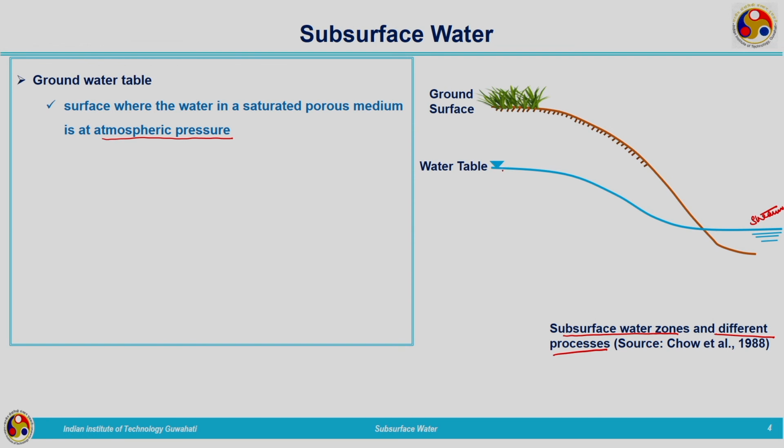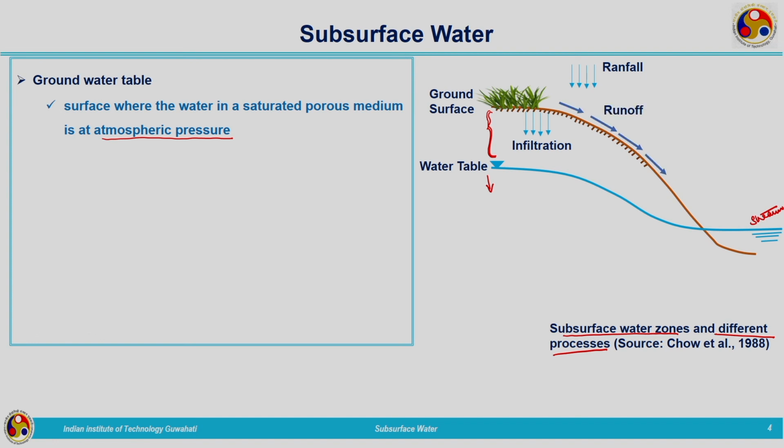Below this water table we have the saturated region, and above it is the unsaturated zone. Now, whenever rainfall is occurring, we know some water runs on the surface and some water gets infiltrated into the ground.